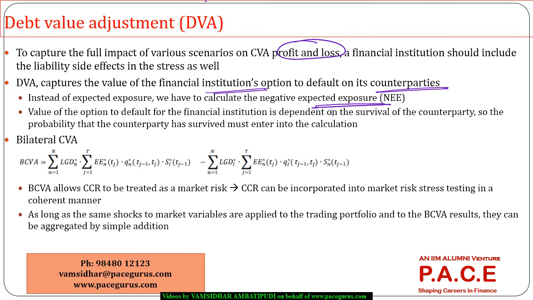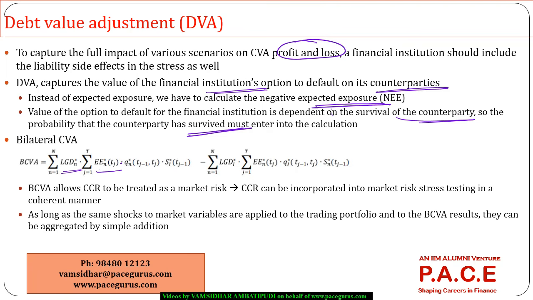So that is where there is some optional part in that. There is some kind of dependency on the survival of the counterparty. So some probability associated with the survival also needs to be taken into consideration. So that's the reason, if you see here, first thing, loss given default for the counterparty, right? What is the loss that I can recover when my counterparty defaults?